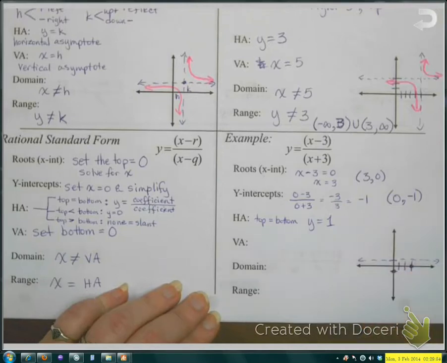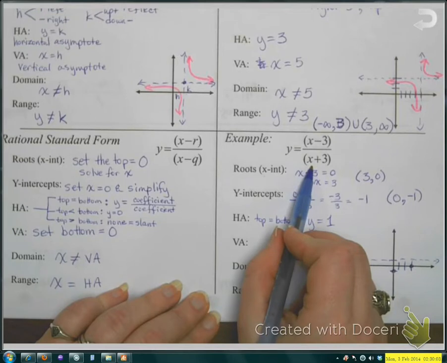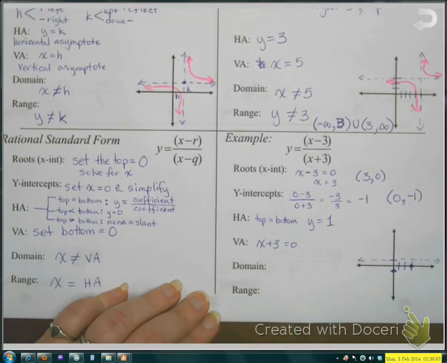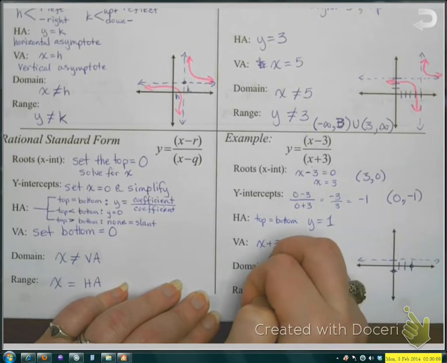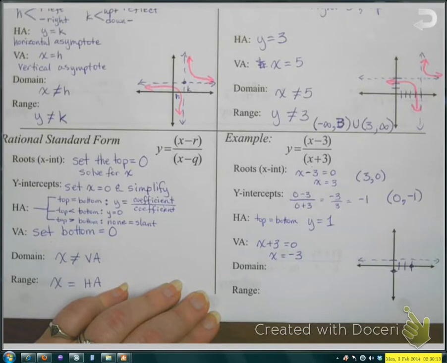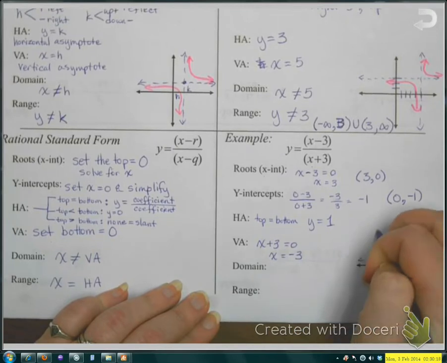Now let's look at the vertical asymptote. Vertical asymptote, it says set the bottom equal to 0. So in the bottom, the denominator, I have x plus 3. I'm going to set that equal to 0 and solve for x. So I subtract 3 to move it to the other side, and x equals negative 3. That means I have a vertical asymptote at x equals negative 3.